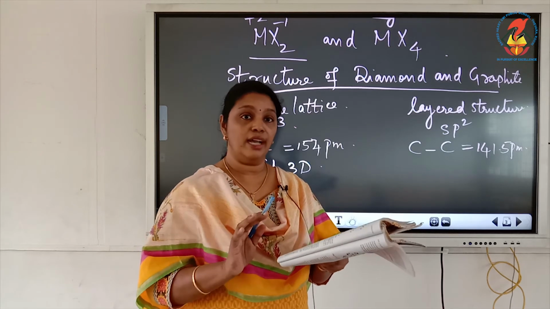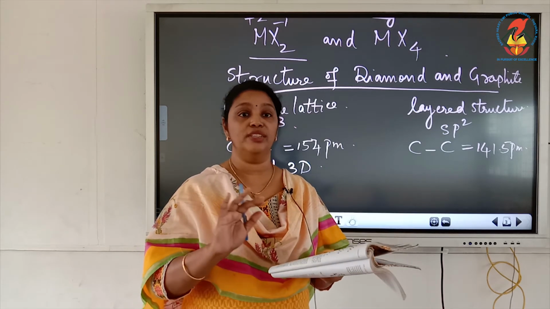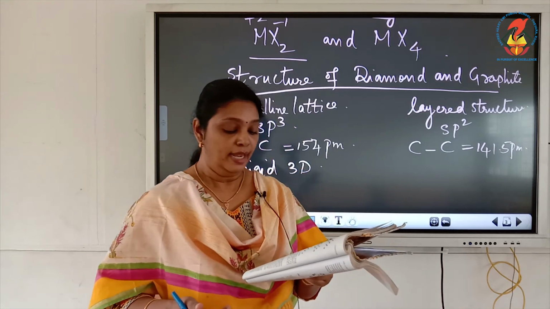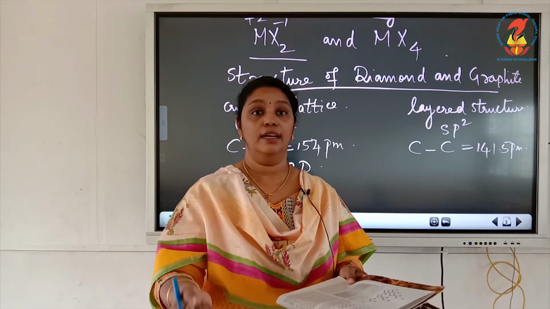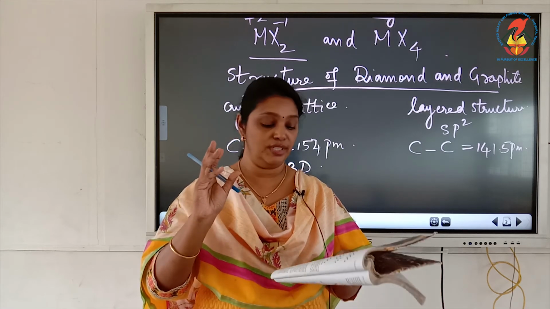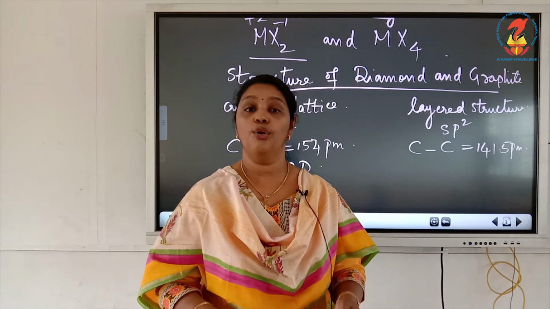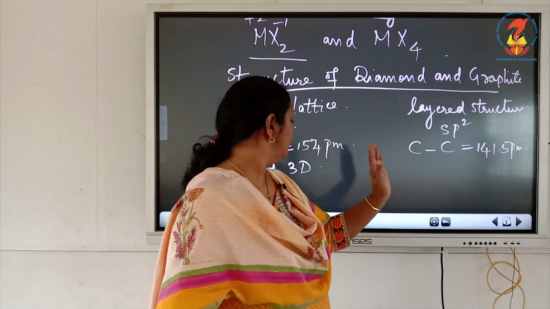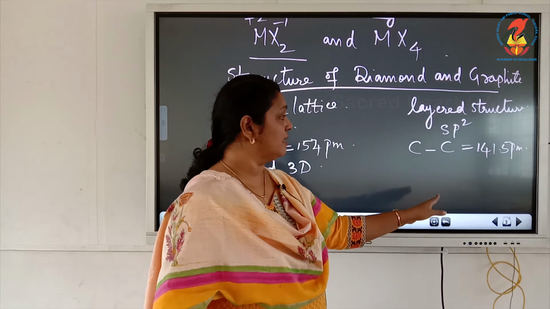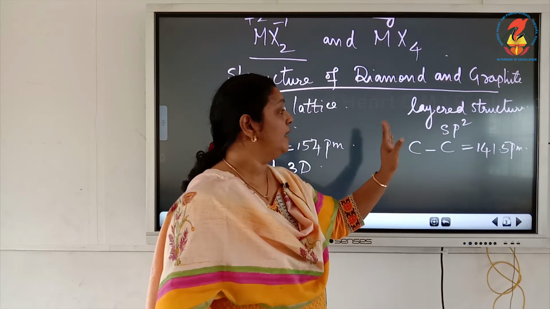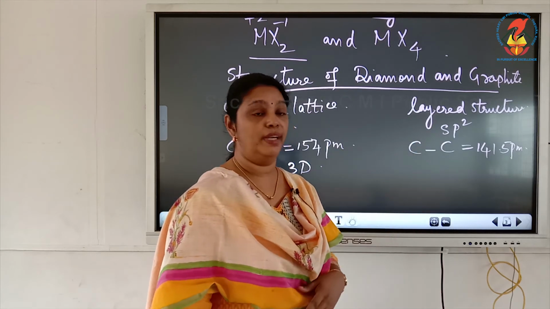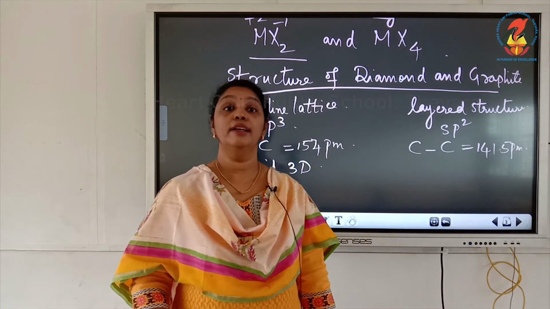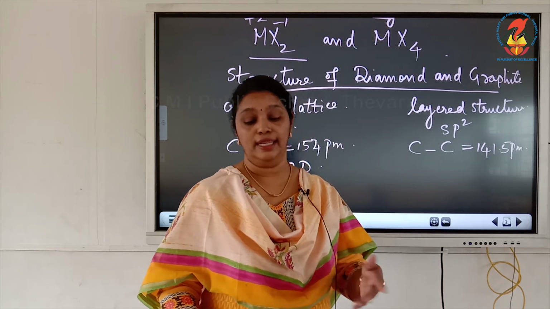Each carbon makes 3 sigma bonds with 3 neighboring carbon atoms, and the 4th electron forms a pi bond, and these are free electrons which can be delocalized over the whole sheet. So, graphite has a layered structure with a hexagonal shape, carbon is sp2 hybridized and C-C bond length is 141.5 picometer. There are free electrons which can be delocalized.